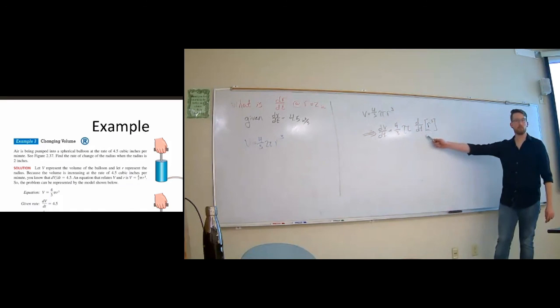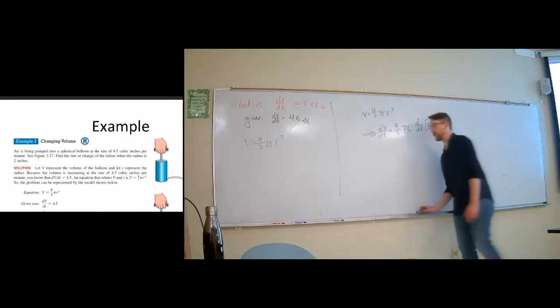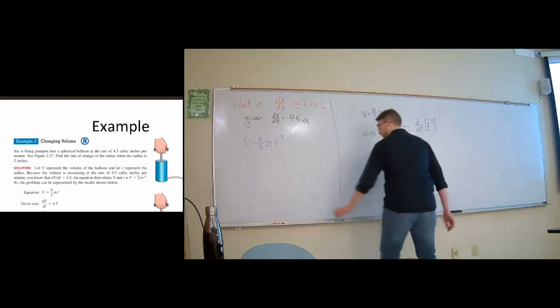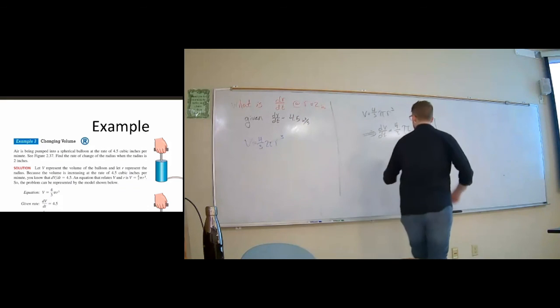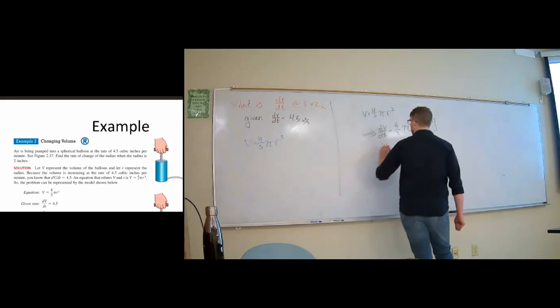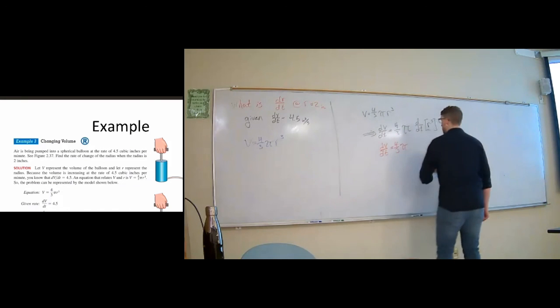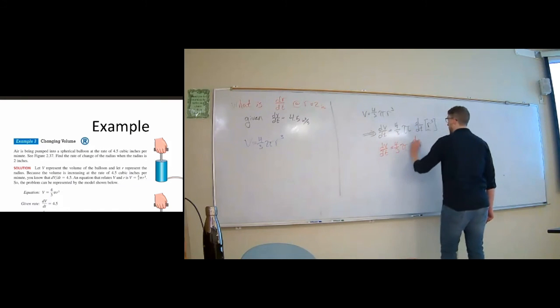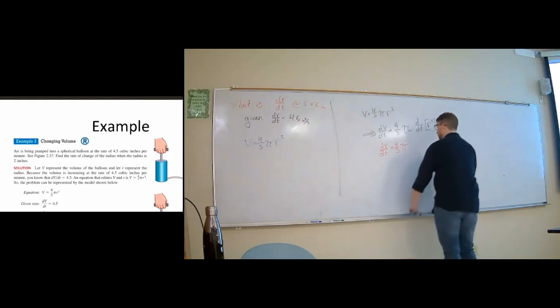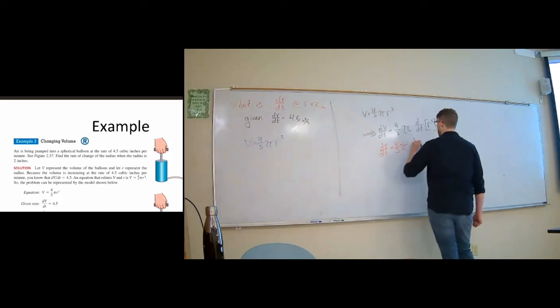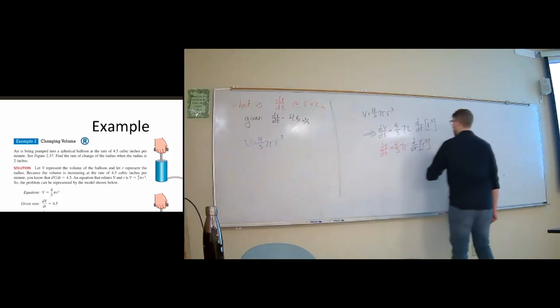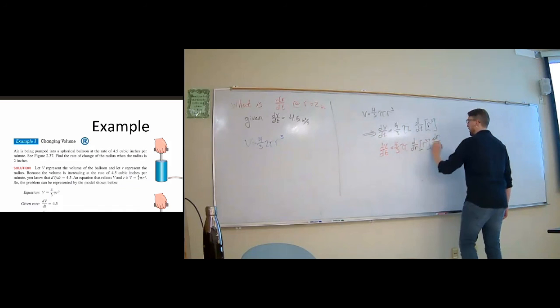Chain rule and implicit differentiation. This is going to give us dV dt is equal to 4/3 pi times d dr of r cubed times dr dt.